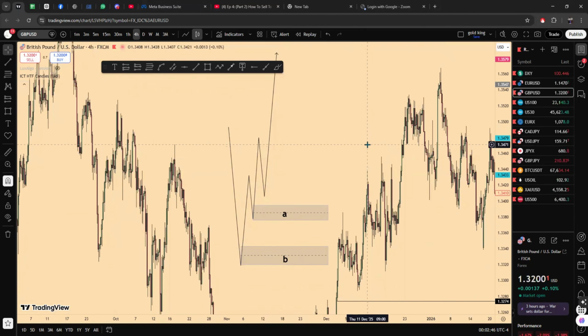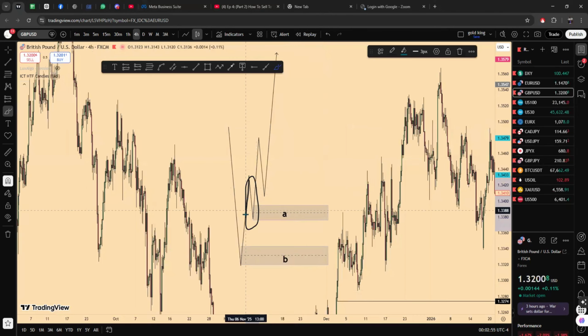Even though it is B, it depends on this point of interest. It depends on what this did.